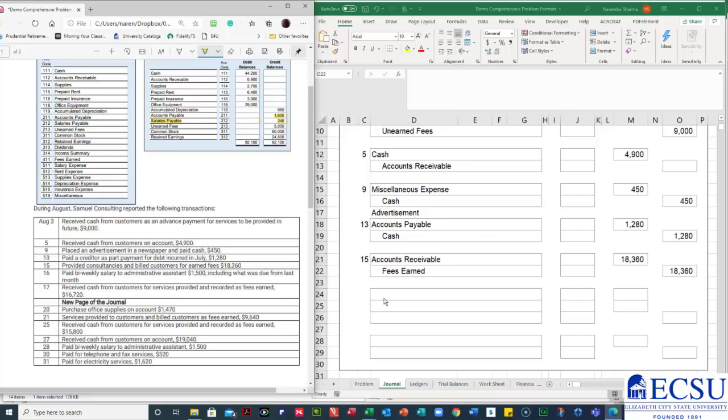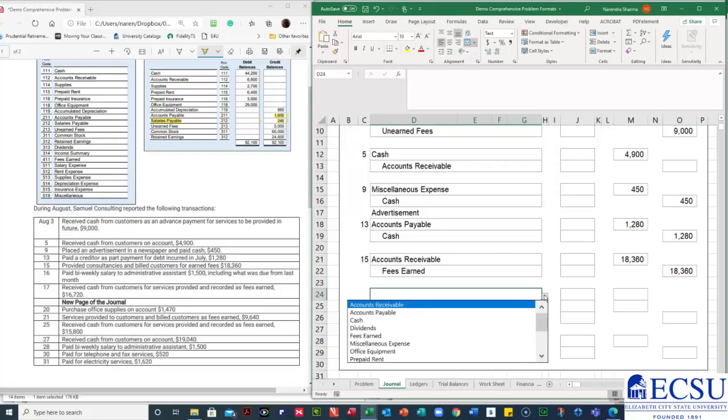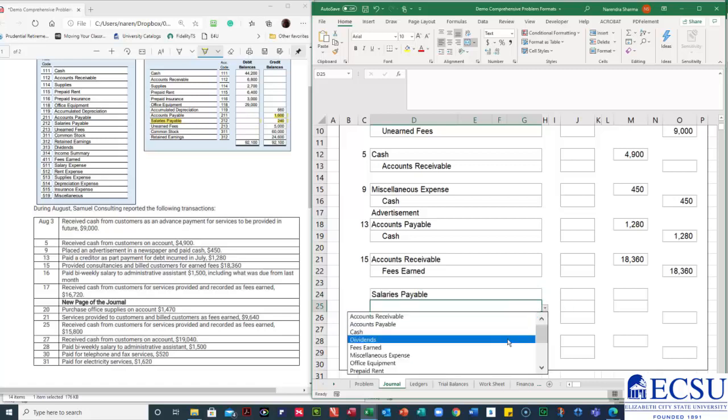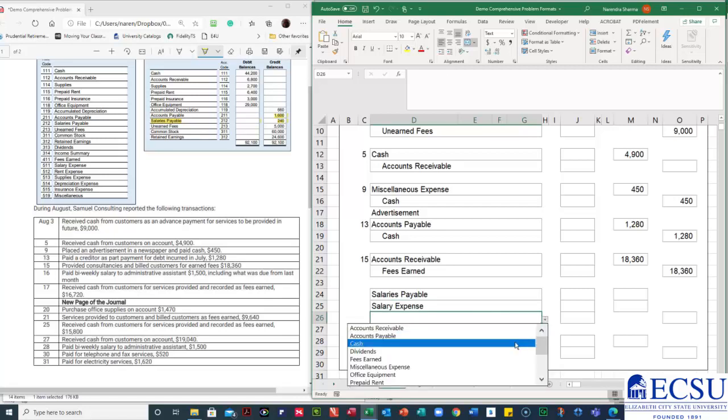So what I'll do is, this is going to be a compound journal. First, I'm going to debit the salary payable. So let's find the salary payable. The rest of it is for this period, so that's going to be considered as salary expense. So this is salary expense, and cash is the total amount.